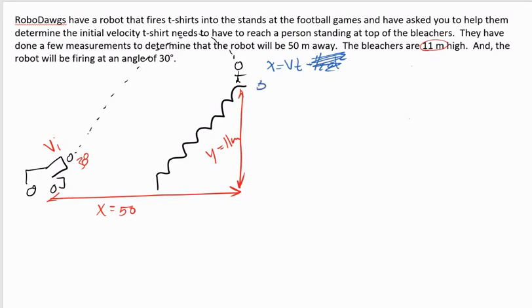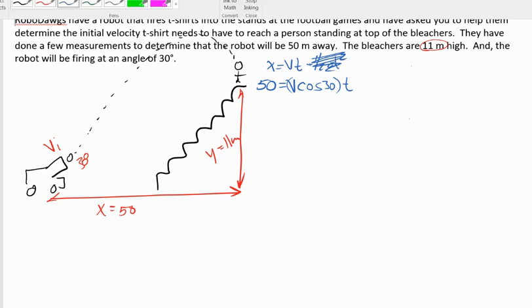I have an X displacement of 50. In the X direction, the initial velocity is going to be the velocity times the cosine of the angle, so V cosine 30. Remember, Y is sine because X is cosine. And one of the things that we don't know is how long that t-shirt's going to be in the air.